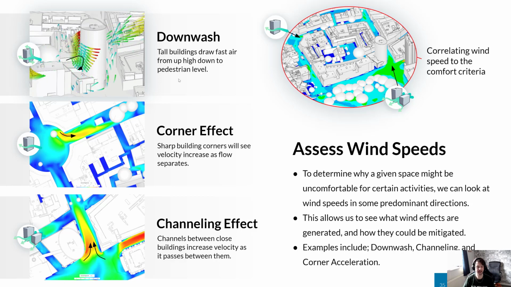And you can see that in the bottom left image there. So the 2 arrows, you can see kind of a combination of cornering effect there, but mainly channeling effect, where we've got those 2 large buildings with wind being forced between them.